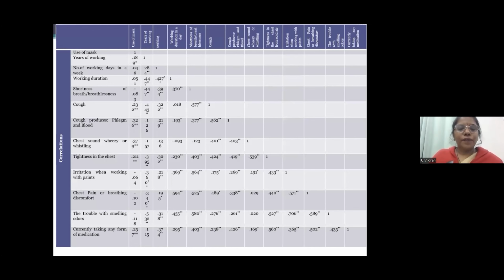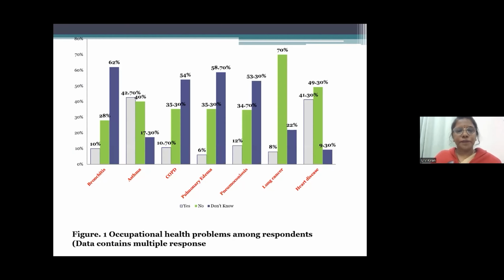So when we have seen the relationship, of course, the working experience and days of work have a positive correlation, and age has a positive correlation with the kind of problems they have. Looking at the kind of problems they're suffering from, 28% are suffering from bronchitis, and 62% didn't get themselves tested, so they don't know. 40% are suffering from asthma, and almost 17.3% didn't get it tested.